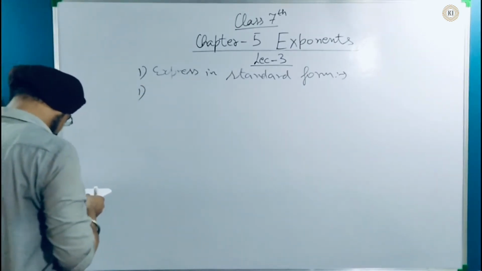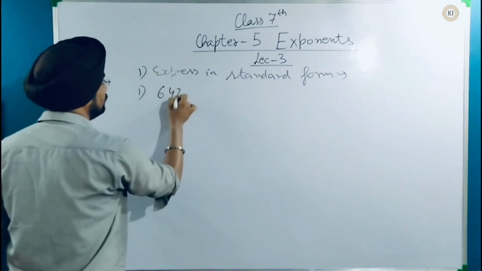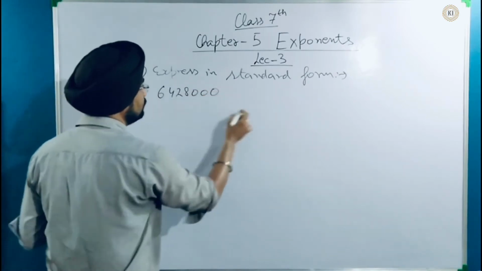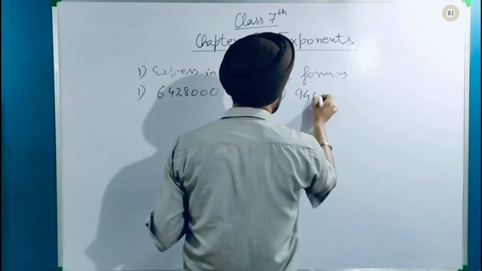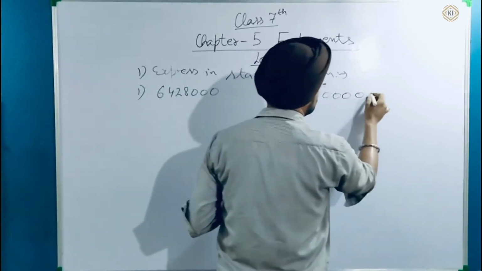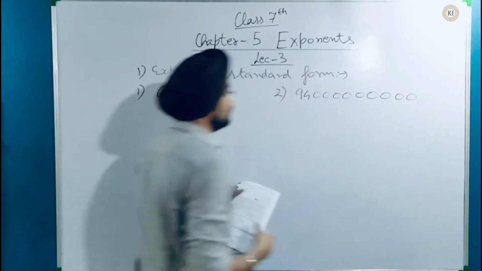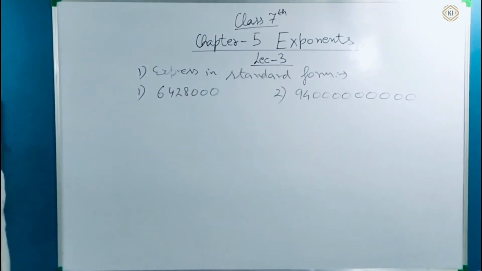The question is 64264280000. The second question is 94. Now we have to express both of these values in the standard form.